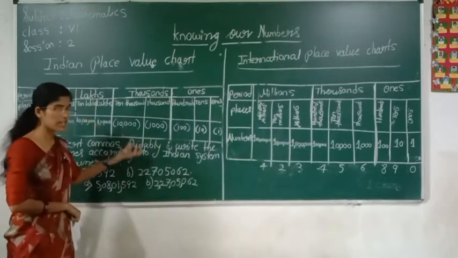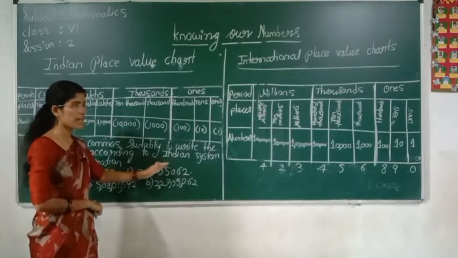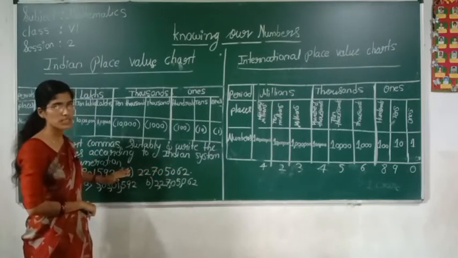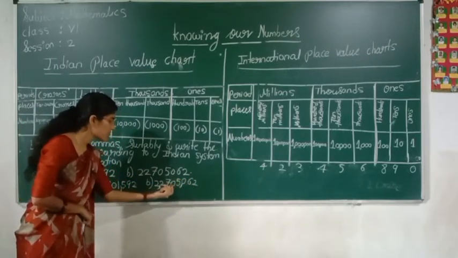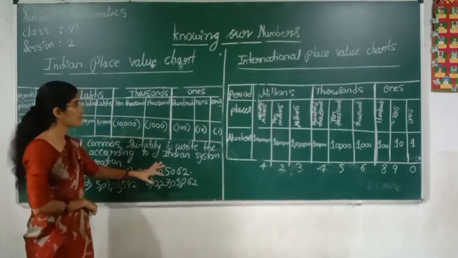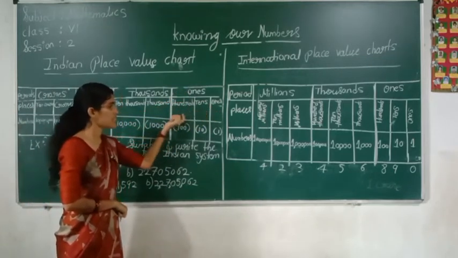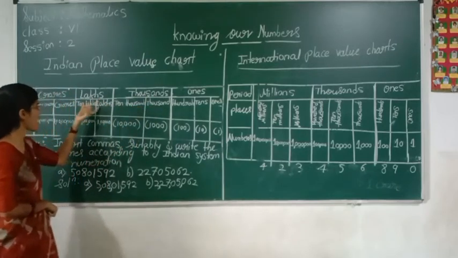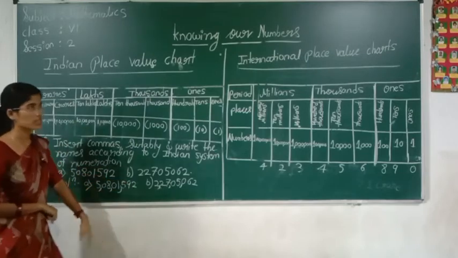That's why in the Indian place value chart, first from the right side after 3 digits, followed by 2 digits. Why is this so? Because in the ones period 3 places are there, in the thousands period 2 places are there, lakhs 2 places, crores 2 places. That's why we used to do like this.